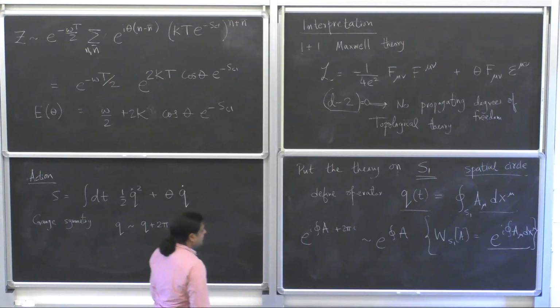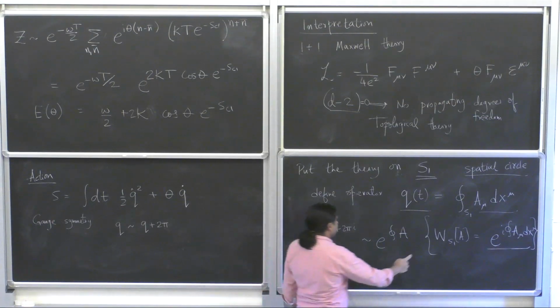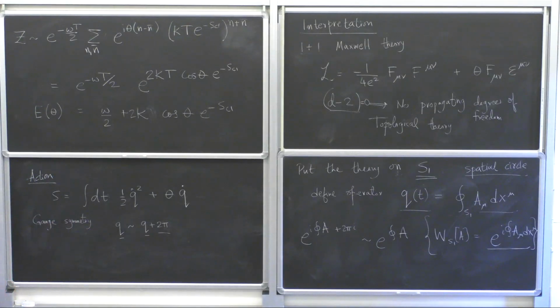So the statement of gauge invariance of the Wilson loop translates into this gauge invariance of our Q variable under this gauge transformation.